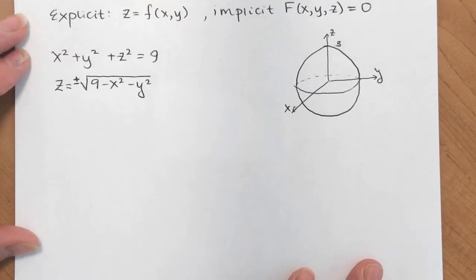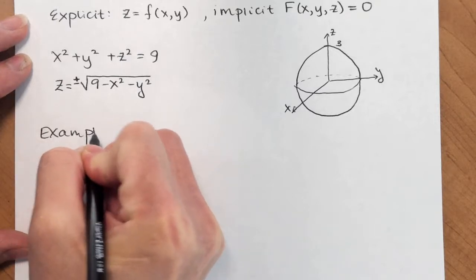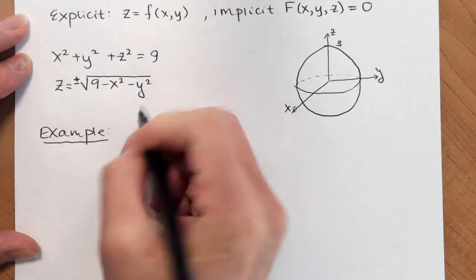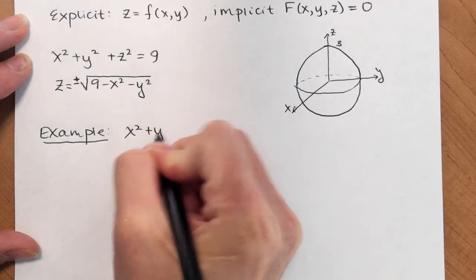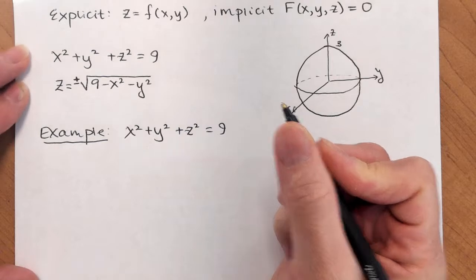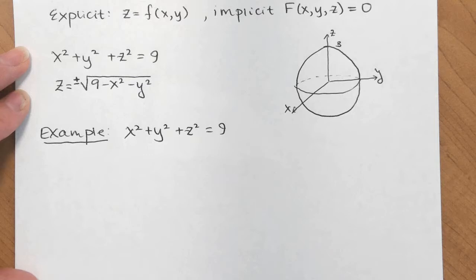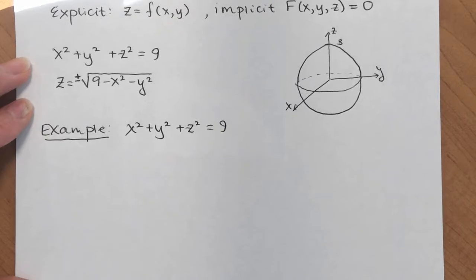Okay, so again, I'm starting with x squared plus y squared plus z squared equals 9. In order to find partial z partial x, I want to think of z as being defined as a function of x, where y is a constant, and differentiate with respect to x.